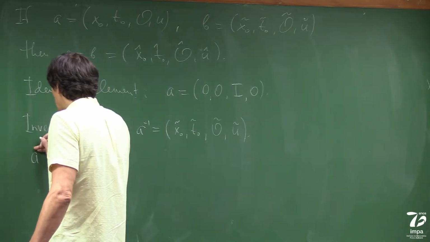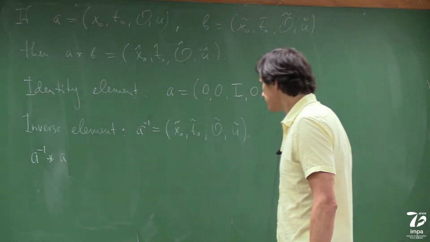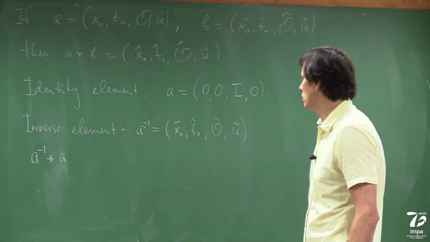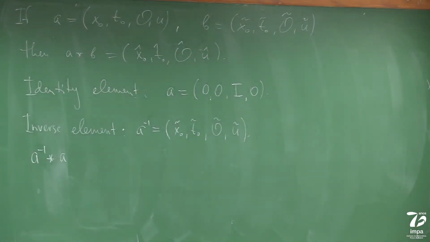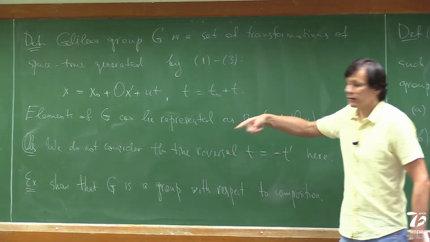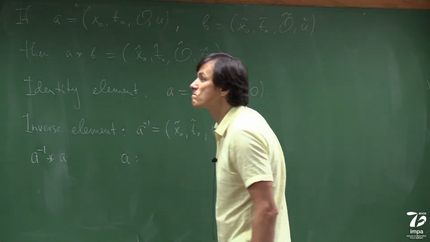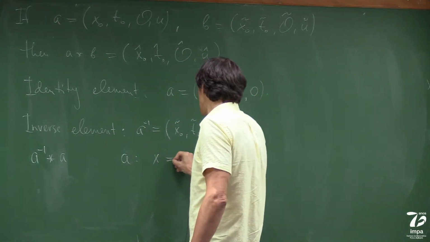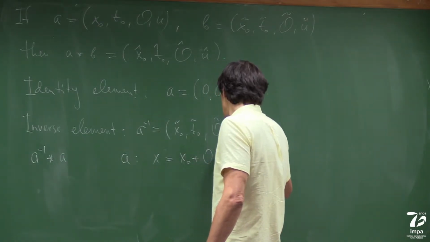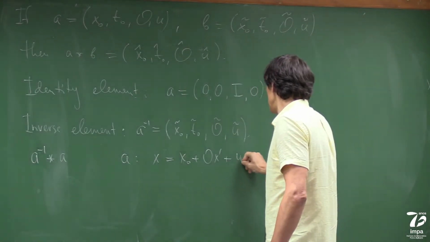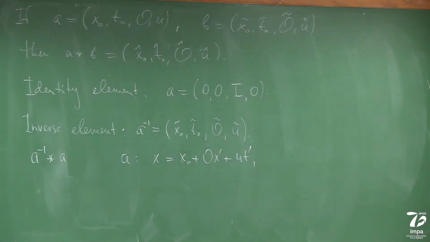So A minus 1 star A is what? You have to apply first this transformation and then apply the transformation again. So we have that A defines x as x0 plus O x prime plus u t prime. Let's write primes here.